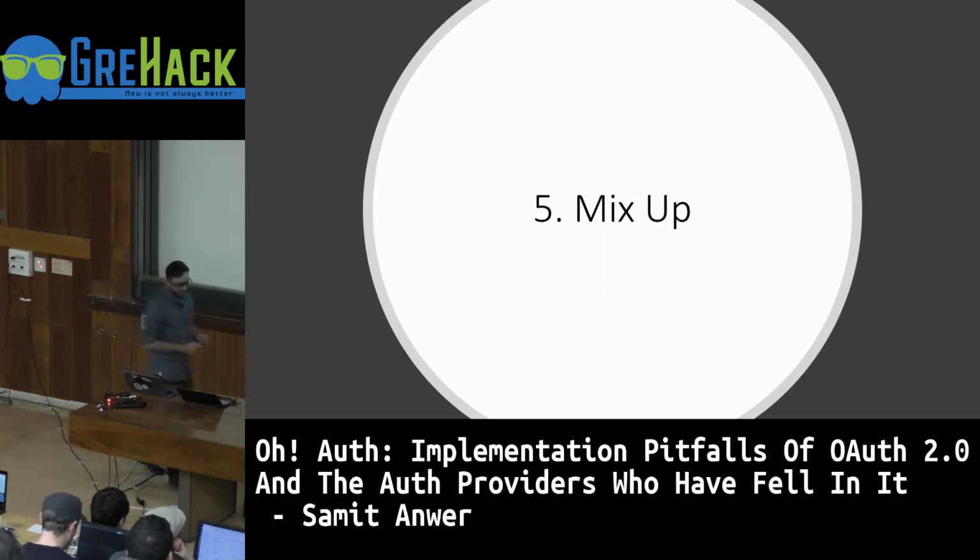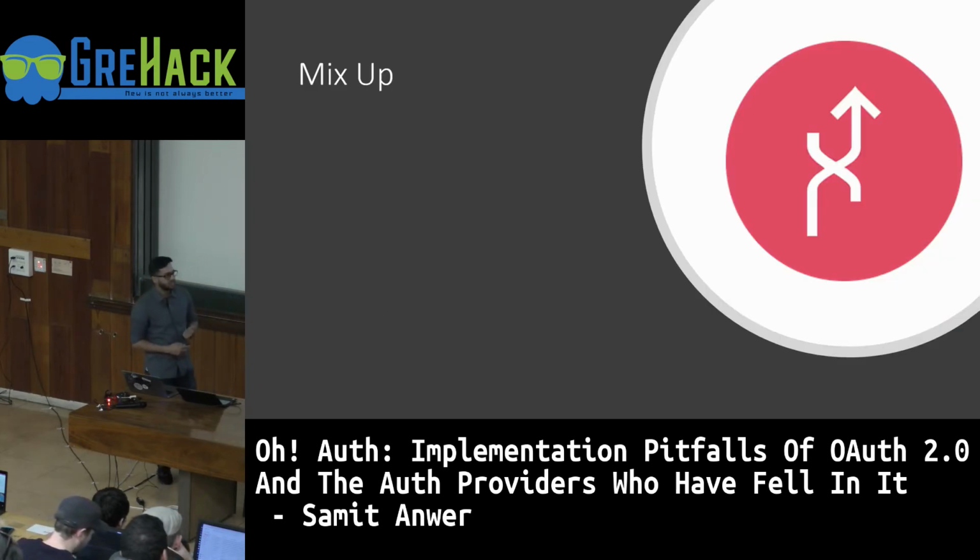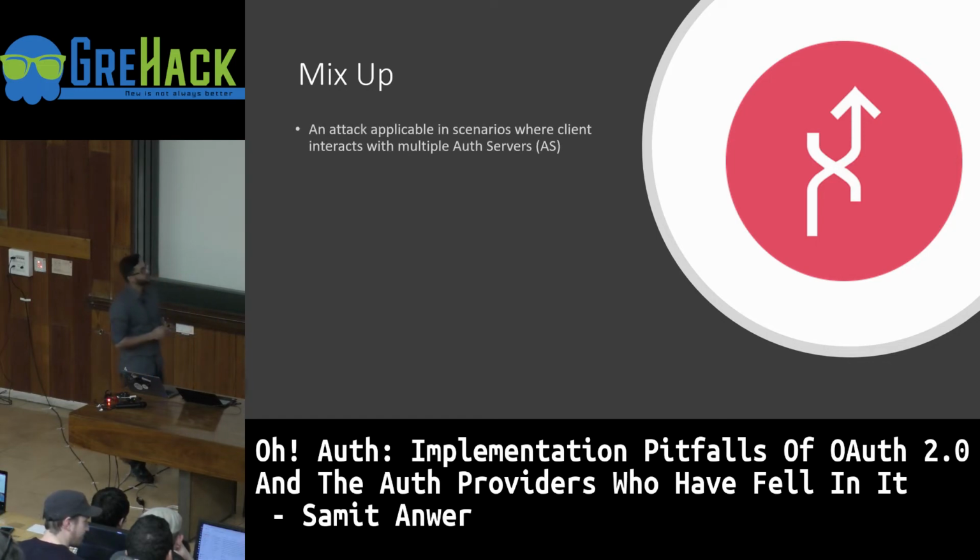Now this one is an interesting attack, and try to stay with me here because it gets a little complicated again. So this happens when the client application has registered with multiple authorization servers like Facebook, Google, etc. And one of the auth servers turns malicious.